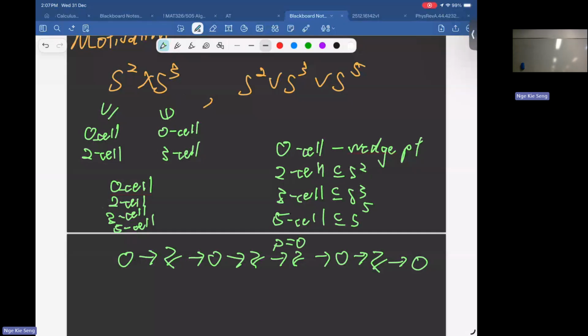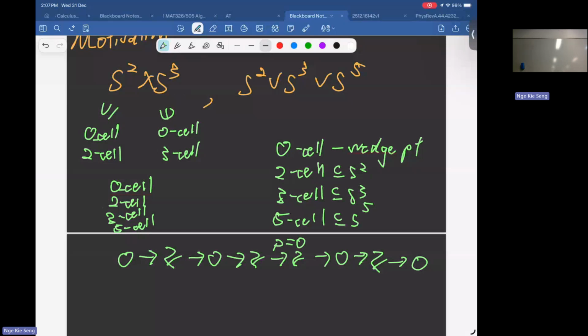And on the other side there's also no gluing from S3 to S2, we just take the product. Does it make sense?